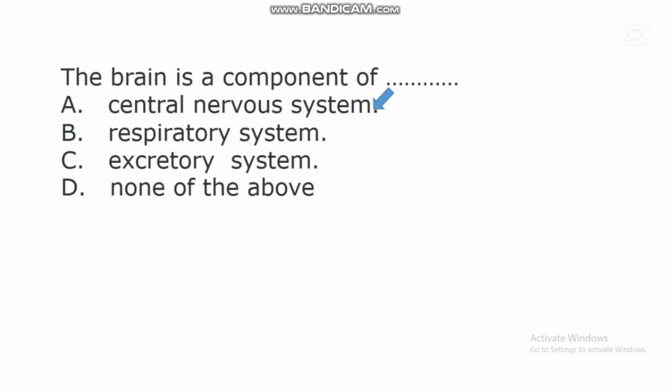The central nervous system is made up of the brain, the spinal cord, and the cells of the brain that work together to ensure that impulses are transmitted from one part of the body to another.